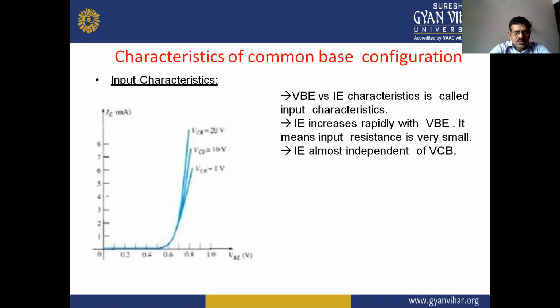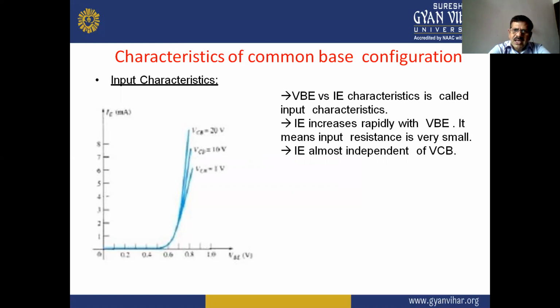So we see in this graph the input characteristics of the common base configuration. Here the base to emitter voltage versus emitter current characteristic is called the input characteristics.